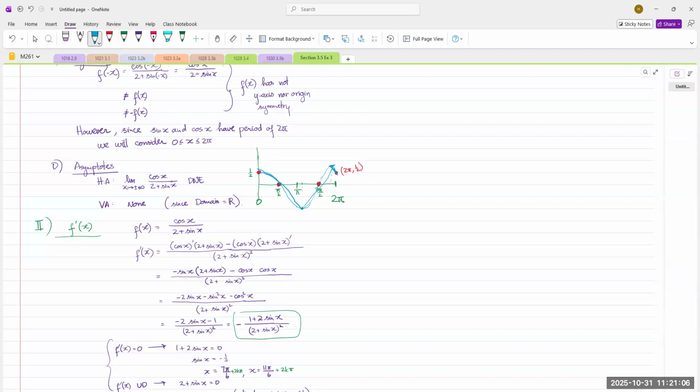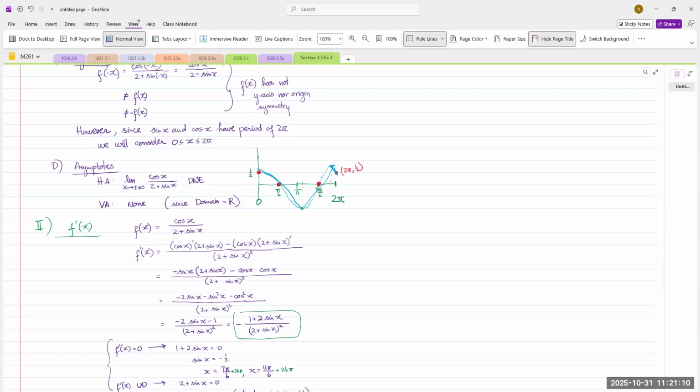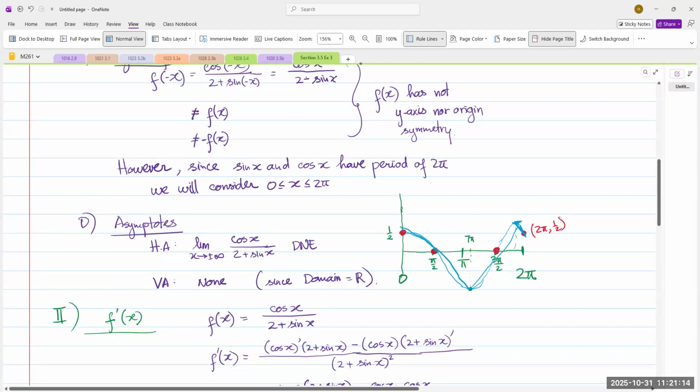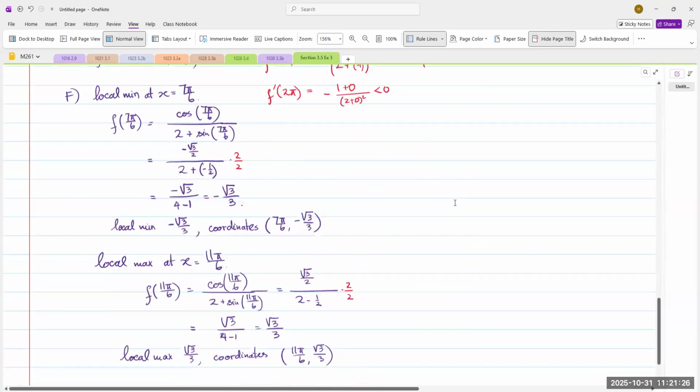This is 7 pi over 6 here. Let me enlarge. This is 7 pi over 6, and somewhere here at 11 pi over 6 it reached the maximum. I will regraph that later on with a better one. So far this is just a sketch.